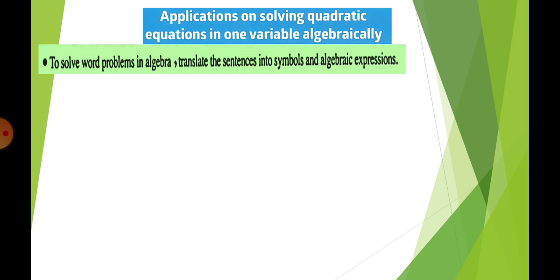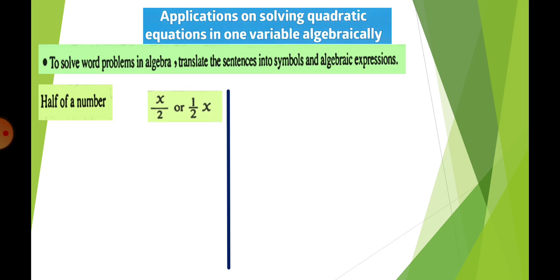To solve the problem, number one, translate the word problem to equations. We convert the words to equations. If we have the number x, a half of the number equals x over 2 or 1 over 2 x.